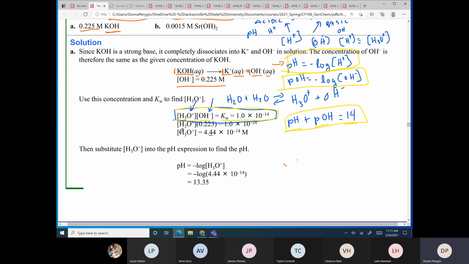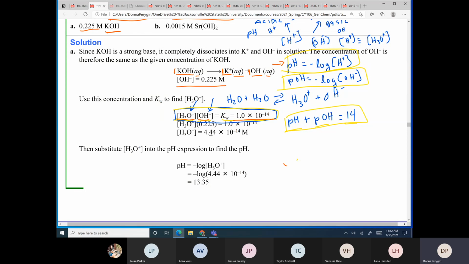One of the ways is to say that I know that the H3O plus concentration times the OH minus concentration is always going to equal 1 times 10 to the minus 14, because that's Kw, which means the K for the ionization of water.